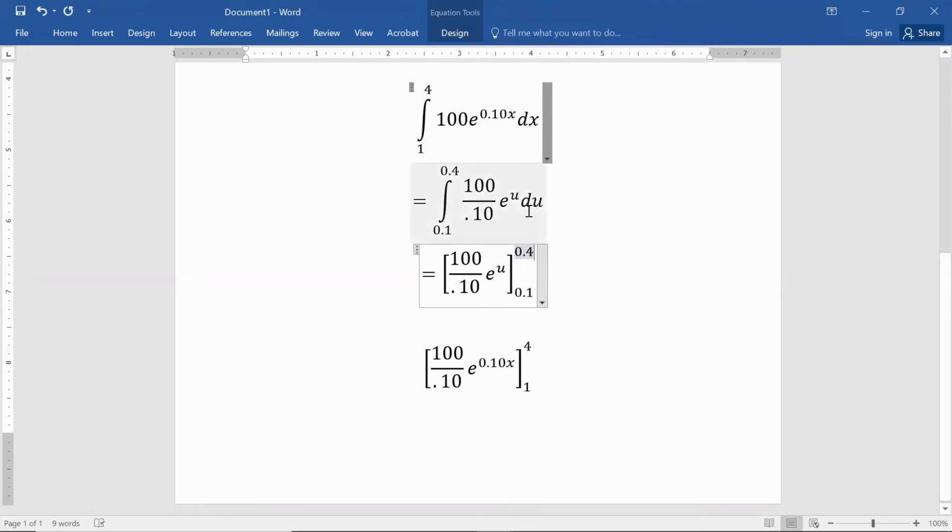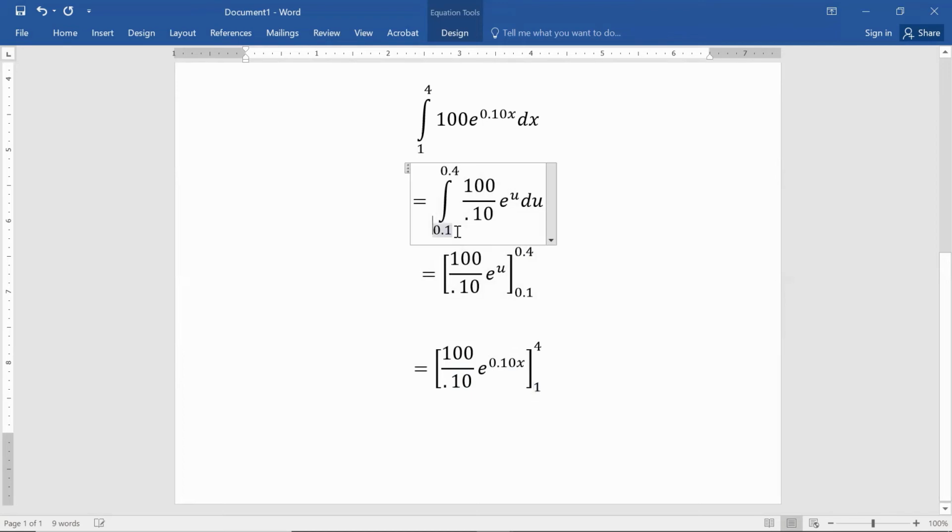when I do my back exchange, in other words, when I exchange back and make everything go with respect to x, then my bounds go back to 1 and 4. So in the middle, they change over to bounds with respect to u, but at the end, they change back to bounds with respect to x.